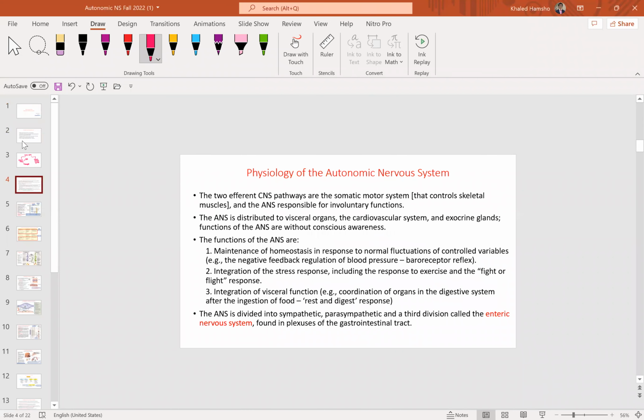We mentioned that the preganglionic is short on this one, long on this one, long on this one, short on this one. We already discussed this stuff. Again, these are functions: constrict the pupils, dilate the pupils, stimulate saliva, inhibit saliva, slow heart rate, increase heart rate, etc. You don't have to memorize them, by the way.